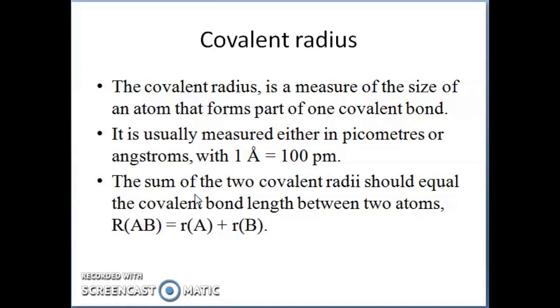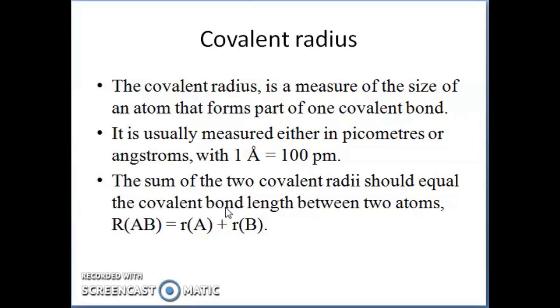Wherever a covalent bond exists between two atoms, we calculate the bond length, which is the sum of the covalent radii of the two elements forming the covalent bond.